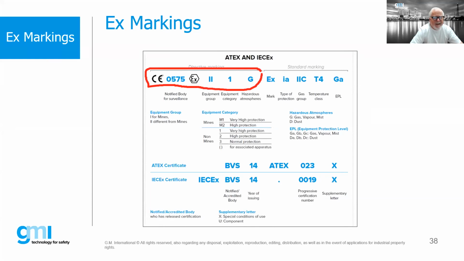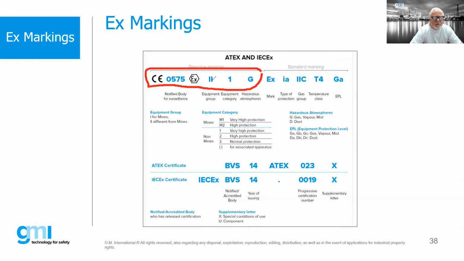It just means that the manufacturer has declared that their product is suitable for the European market. But if we find this EX and the CE, along with the 4-digit number, that means there's actually been some sort of certification around this. Could be self-declared, but that's compliance to the ATEX directive.